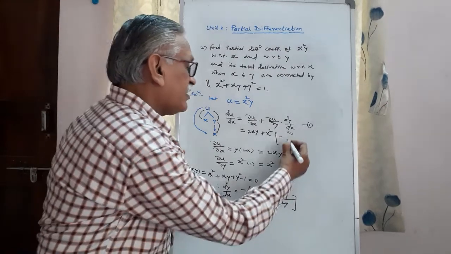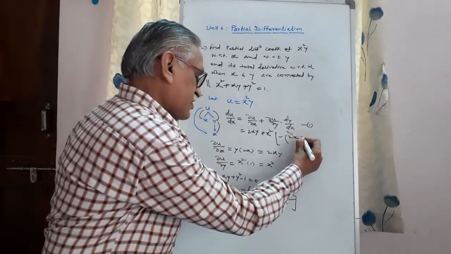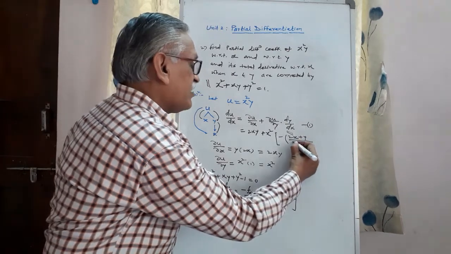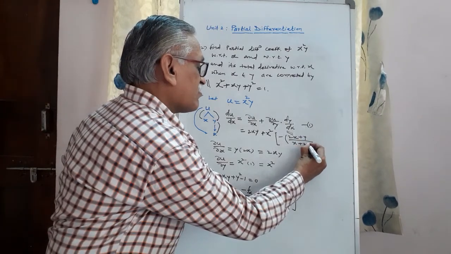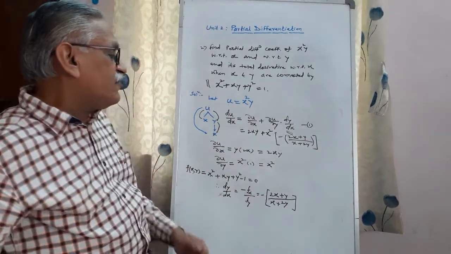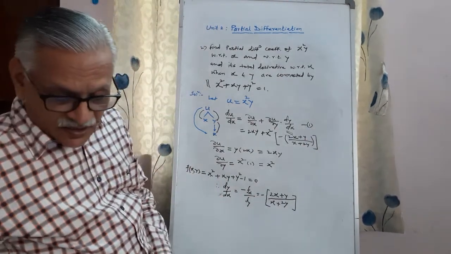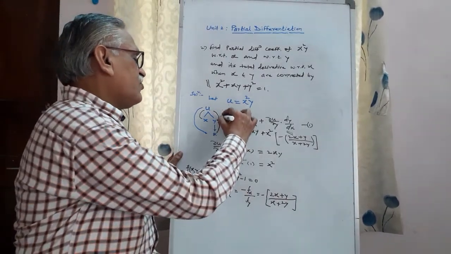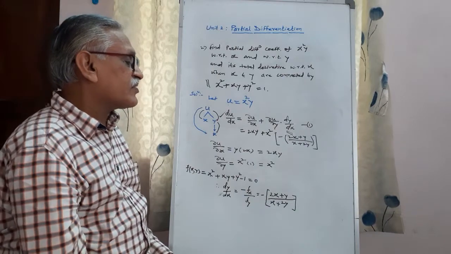Minus in bracket 2x plus y divided by x plus 2y. Okay, and therefore this is the required result for du by dx.